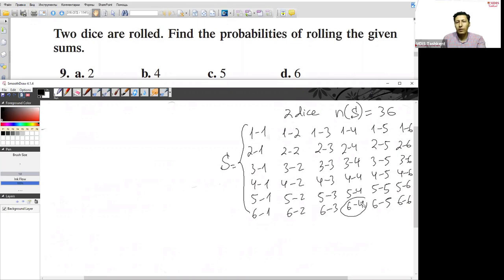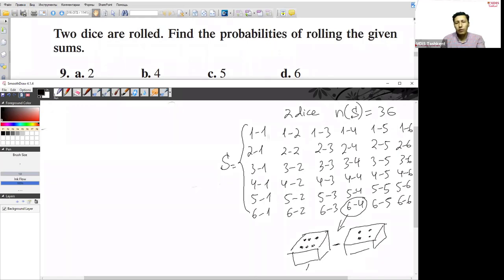For example, 6 4 means when you roll 2 dice, first die shows 6, second one shows 4. Okay, 6 4 means first die is showing 6, second one is 4.